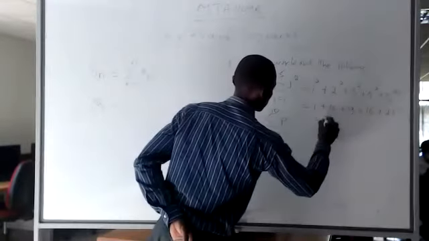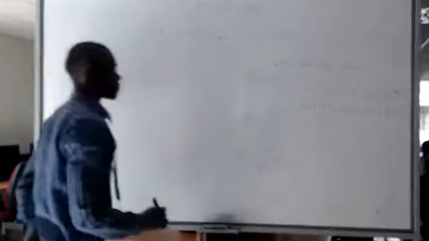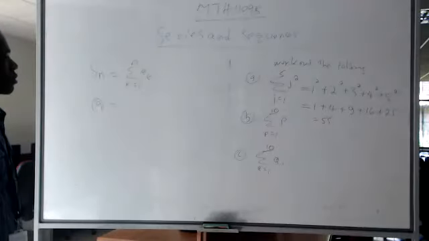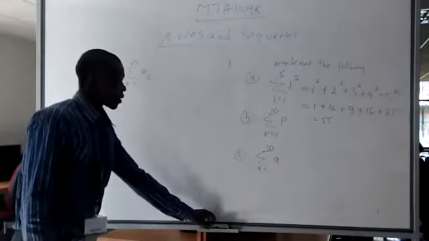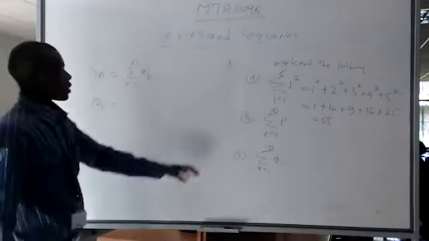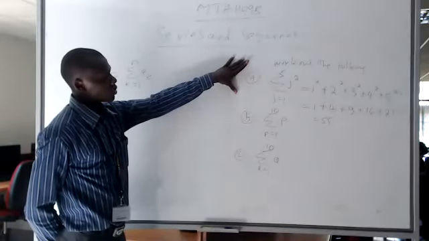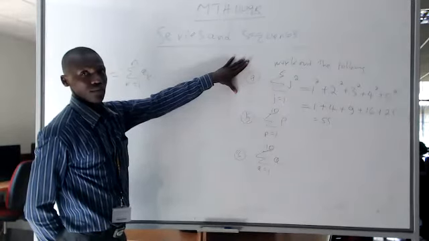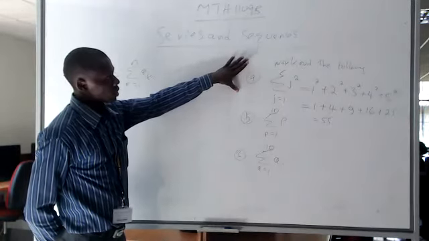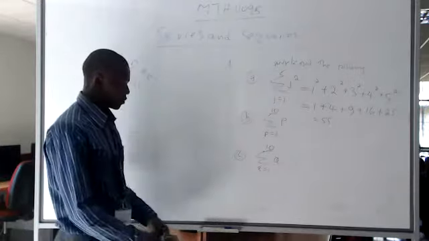So this sum should be 55. Any question on this first summation?